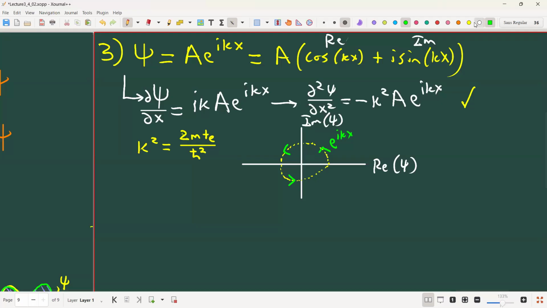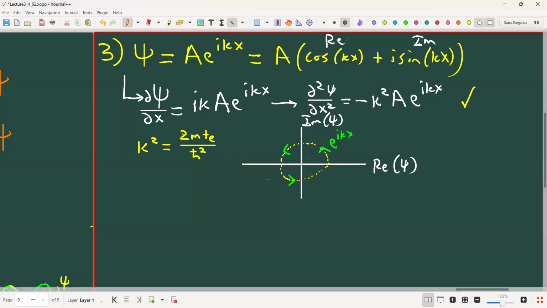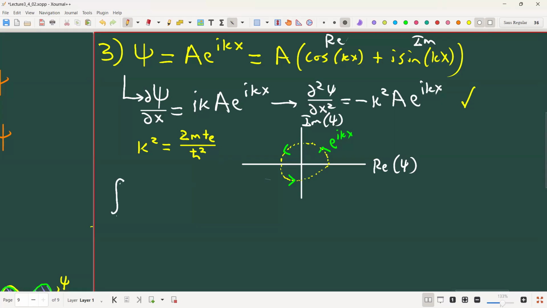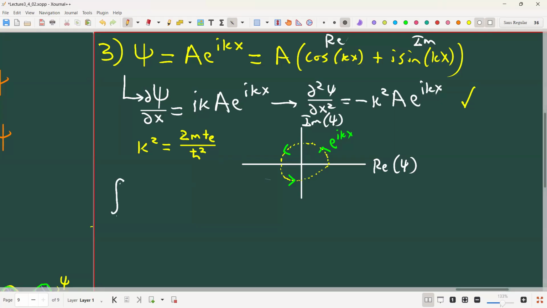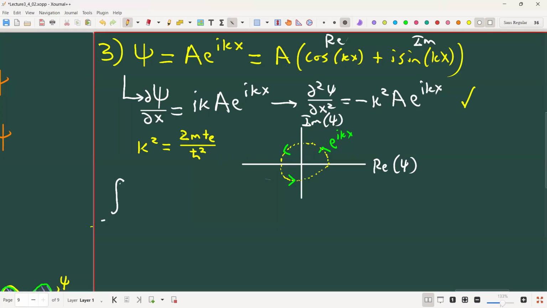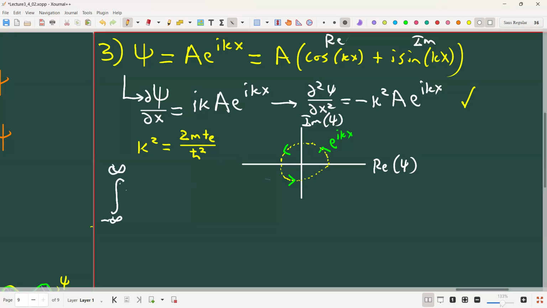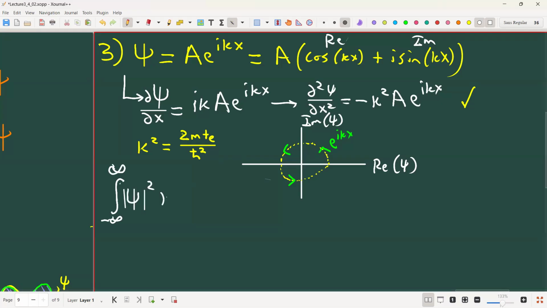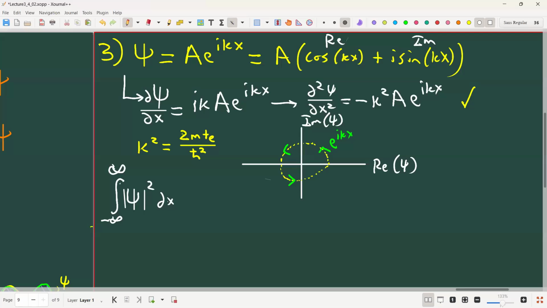So the integral of this function, we could think about calculating from negative infinity to infinity of our wave function squared dx. But if we track the function in complex space, all we're doing is going in a circle over and over again.